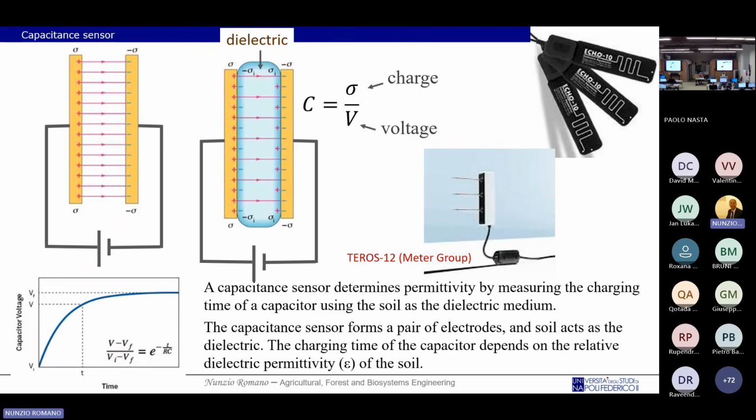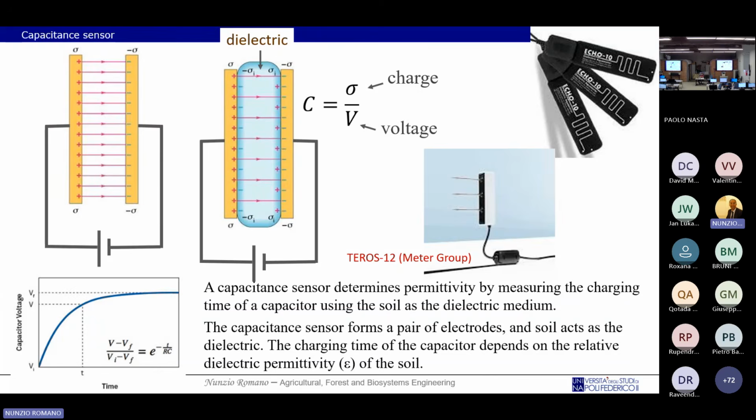But again, the principle of functioning is that these capacitance sensors just generate a charging time of the capacitor, and as you can see on your left, bottom left, you see the variation of the voltage with time, and this curve depends on the dielectric permittivity of the system.